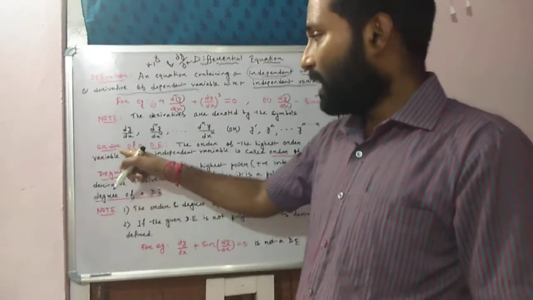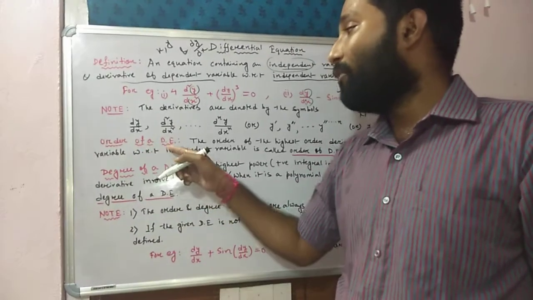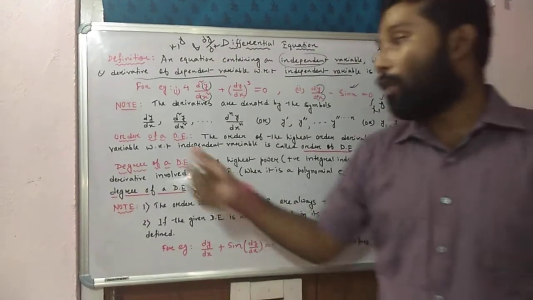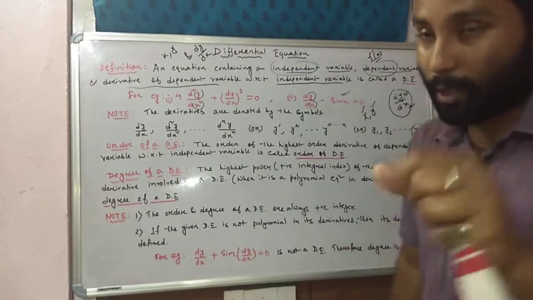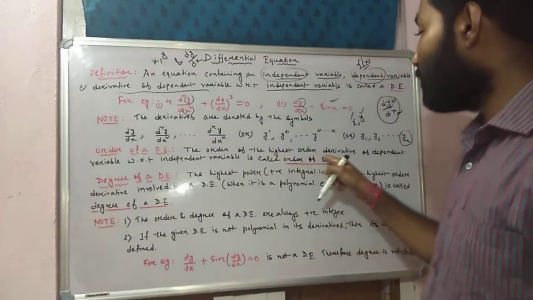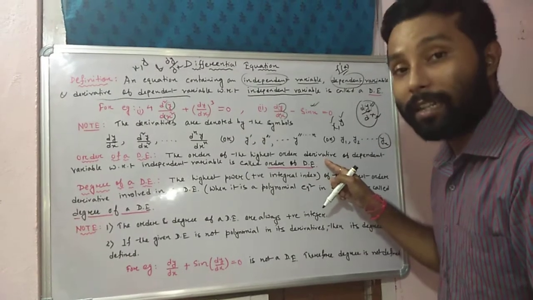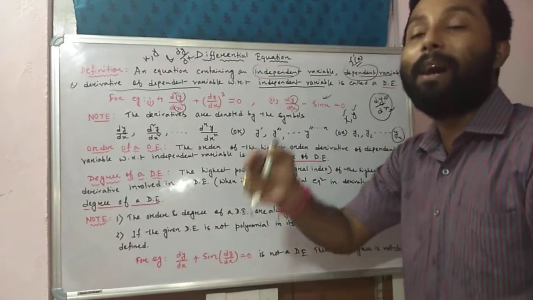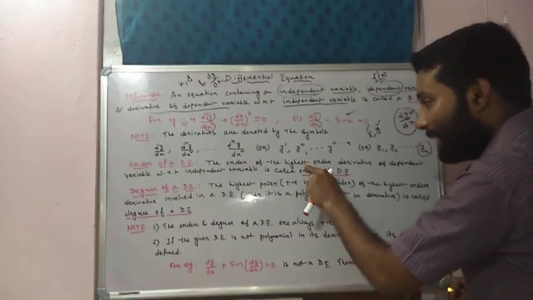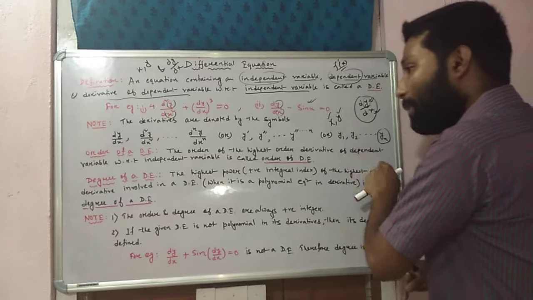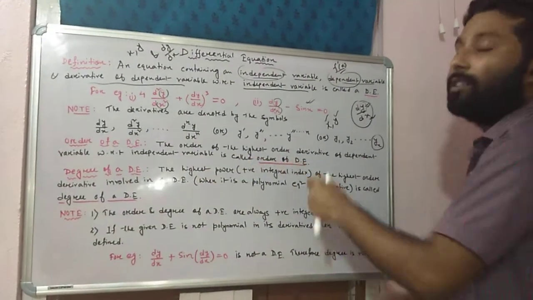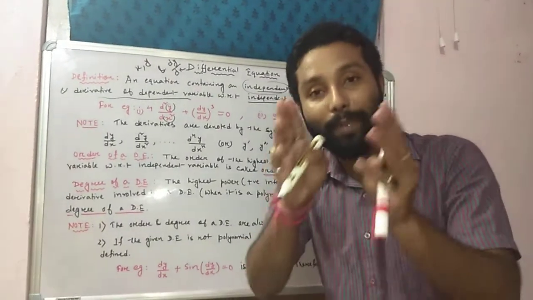Now come to the next point, order of a differential equation. The meaning is done, now what is the next point? How to find the order and degree of a differential equation. Now see, what is the definition of order? The order of the highest order derivative. Highest order means the maximum number of times differentiation has been done in an equation. The order of the highest order derivative of a dependent variable with respect to an independent variable is called the order of the differential equation. So what do you mean by order?